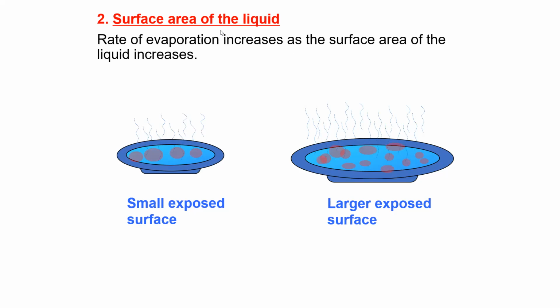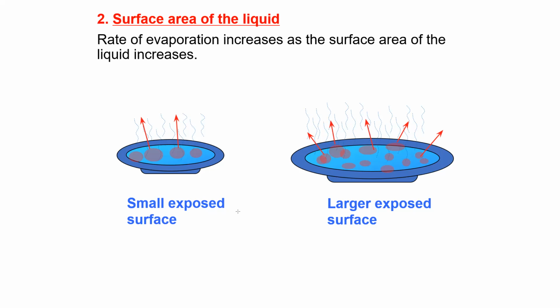Here maybe 2 particles are going out, but with a large area the chance is there that most of the particles can go out, because a greater amount of space is available. So increasing the surface area will increase the rate of evaporation as well. Is it clear? Any doubt till this point?